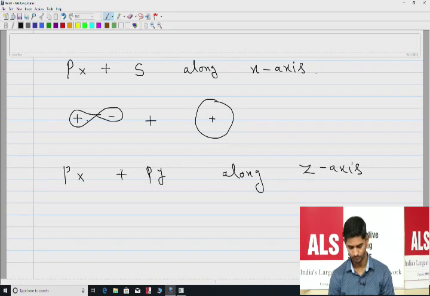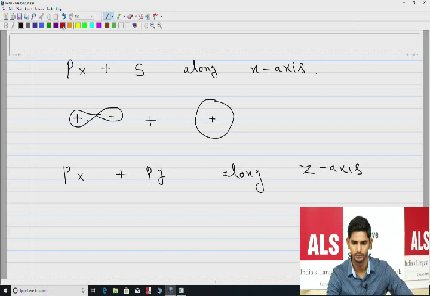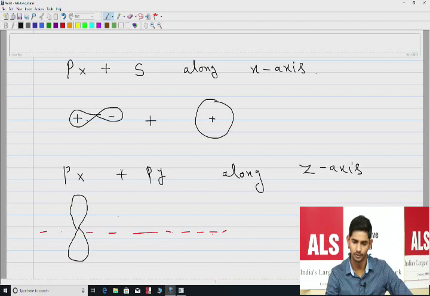Okay, let's check out. First of all, let's draw the internuclear axis, which is this one, Z axis. Now they are saying the px and the py's, obviously they would be perpendicular to this one. Okay, this is your px and this is your py.